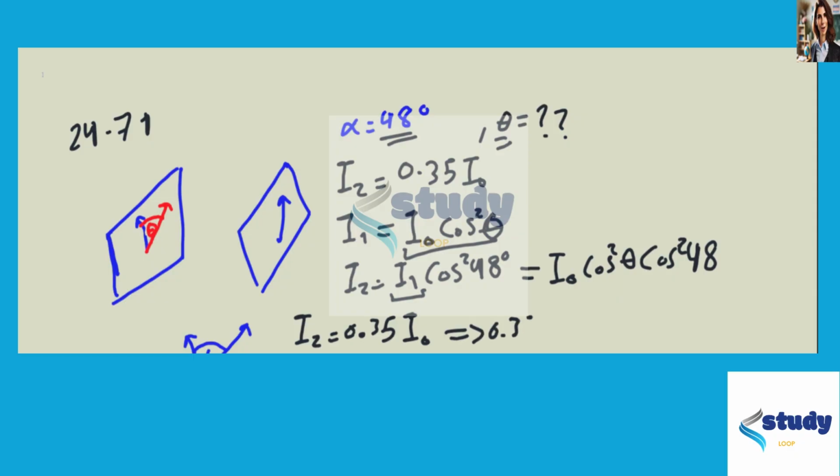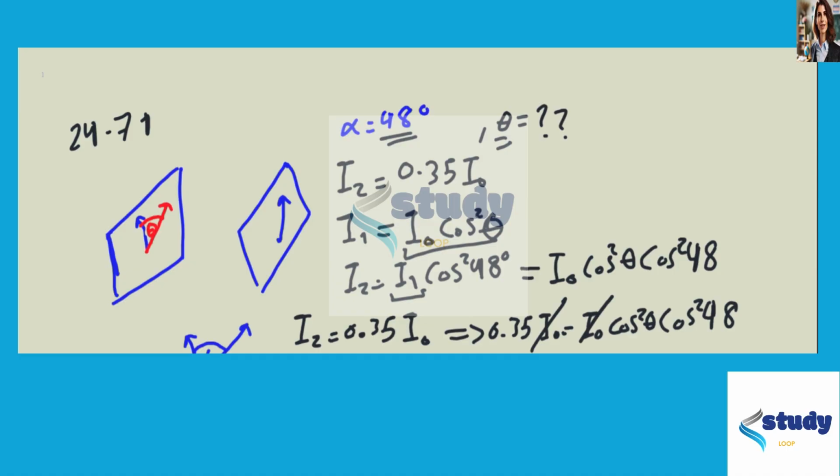So 0.35 I naught is equal to I naught cosine squared theta cosine squared 48. I naught will cancel, and then cosine squared theta will be 0.35 over cosine squared 48. So cosine theta will be the square root of this, and theta will be the inverse cosine of this.